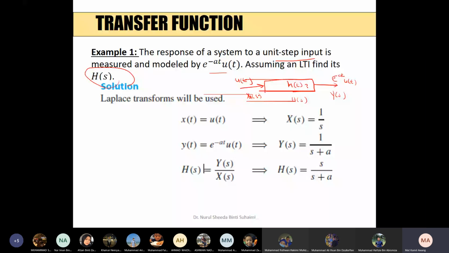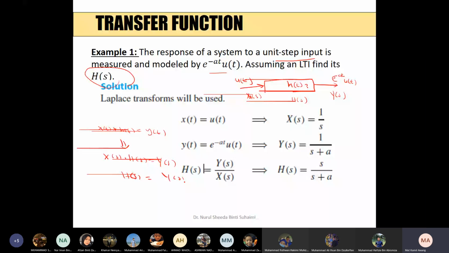Therefore, we use the Laplace transform, so you get X multiplied by H of s is equal to Y of s. So H of s is equal to Y of s over X of s.